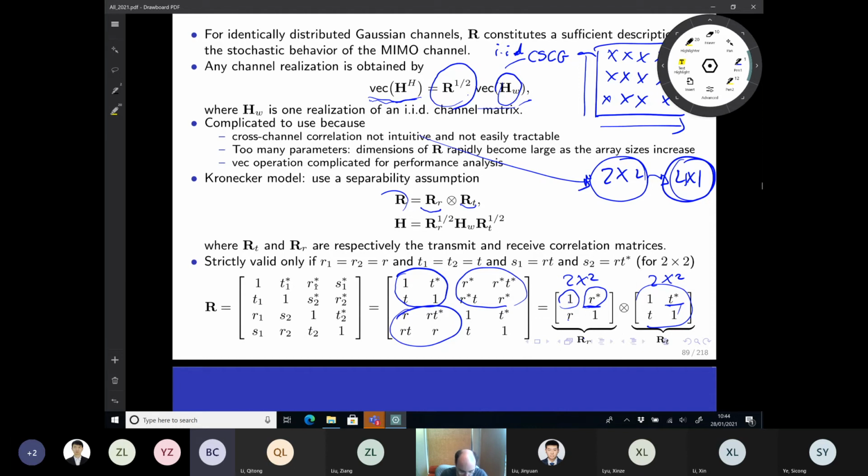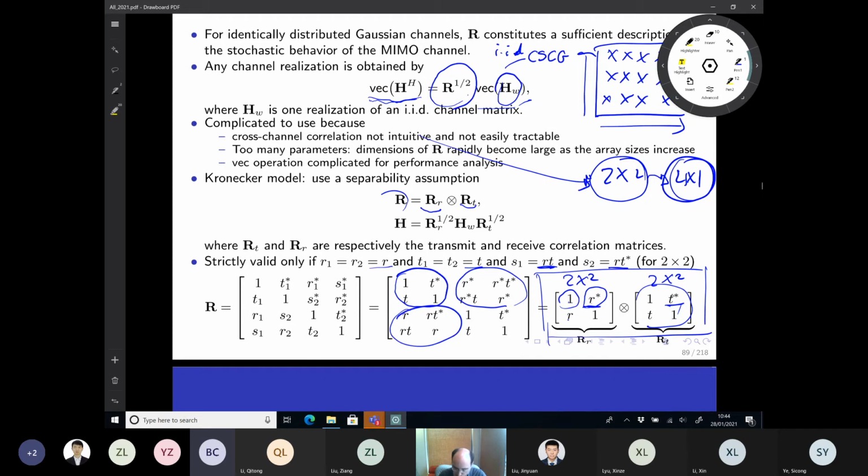Those T1, T2 are equal to R, or T, and S1, S2 are simply equal to the products of R and T. This is a very simple model that has been used quite a lot in MIMO, and it is what we're going to use in coursework 3 as well.